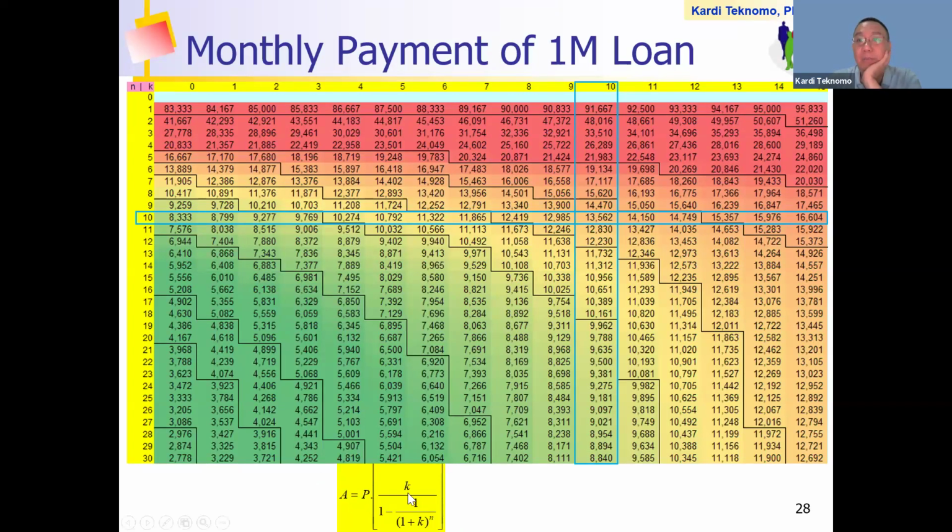At the bottom here, this is the formula. So A is the annuity, meaning the amount of money that you're supposed to pay. B is the initial loan. K is your interest. N is the time, the number of years in this case.